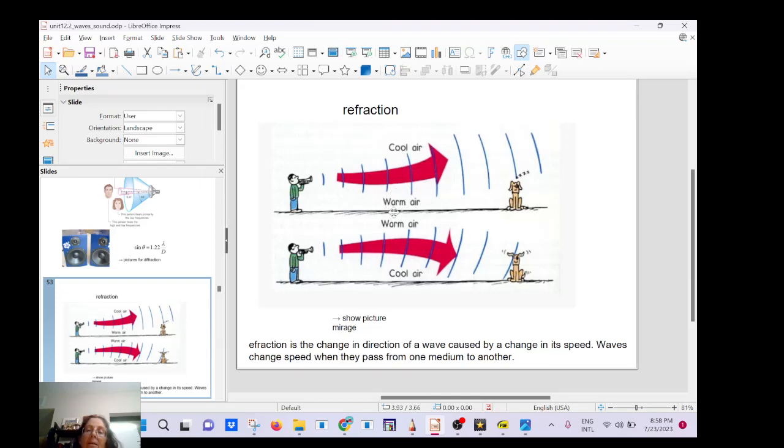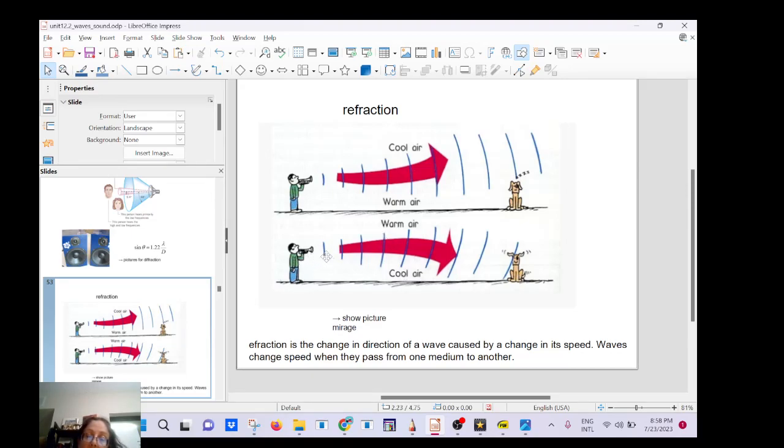Right? Because in warm air, the air molecules will move faster. In cool air, the air molecules move slower. So that will be slow speed, high speed. So let's say it's in the morning. So in the morning, this is cool here because the sun didn't have time to warm up the ground, and this is warmer.